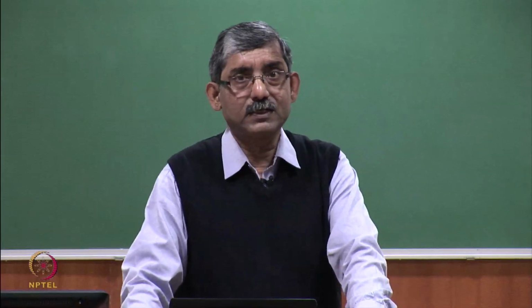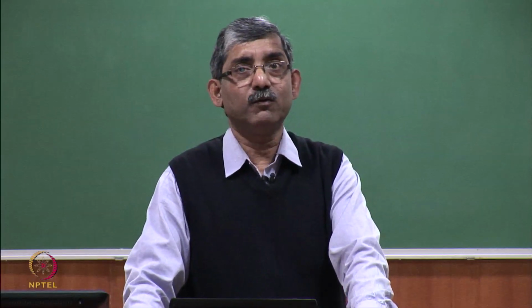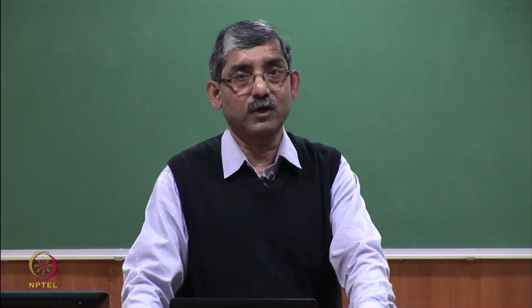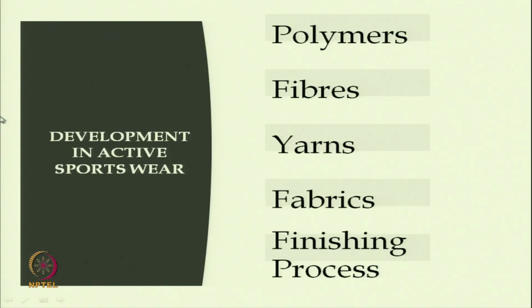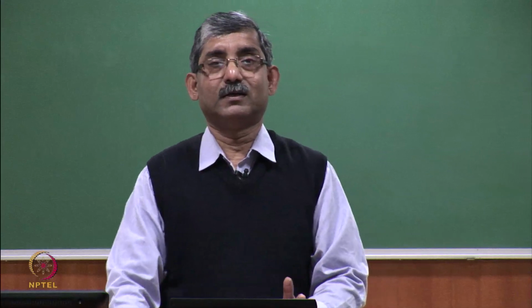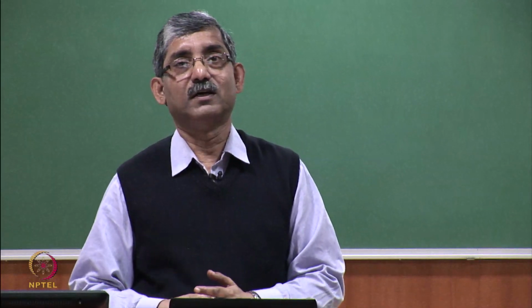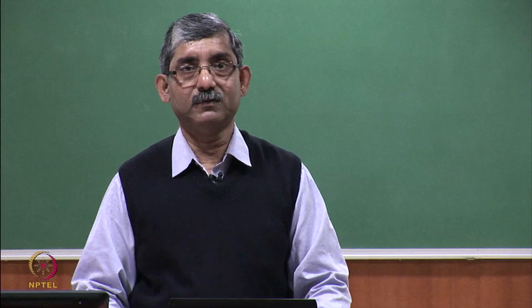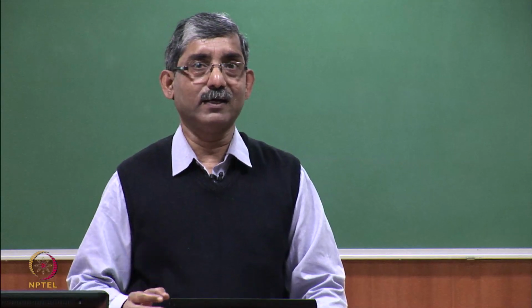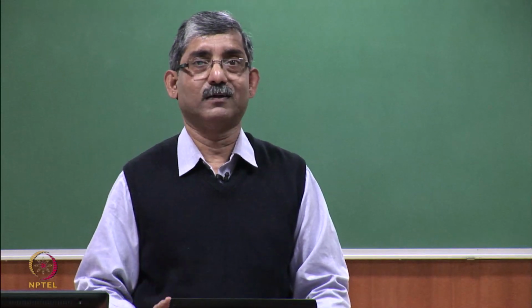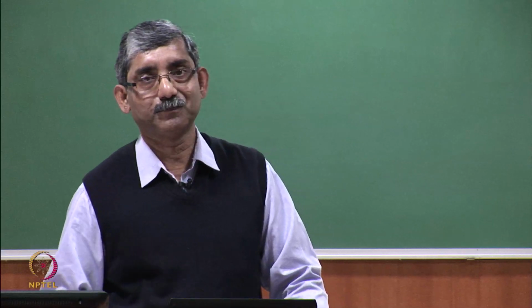Now, we will discuss some innovative sportswear for active sports. These are commercially available technologies. I will just mention a few of them to get an idea about the direction of development.